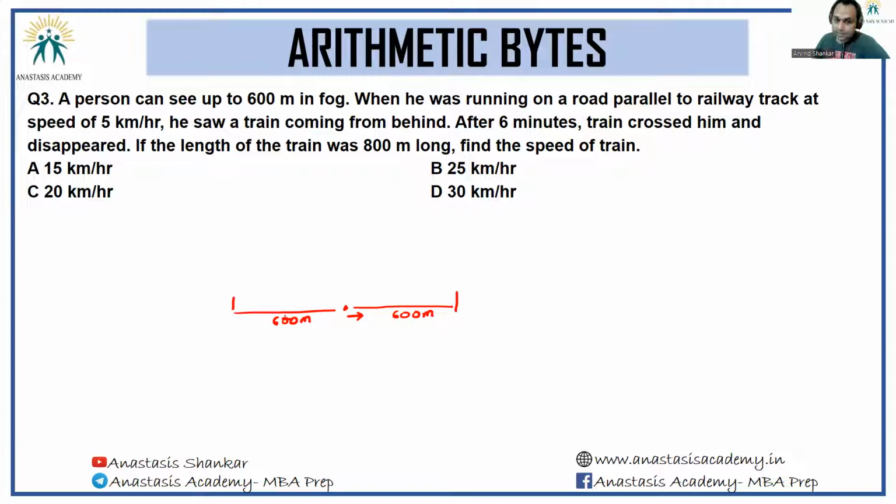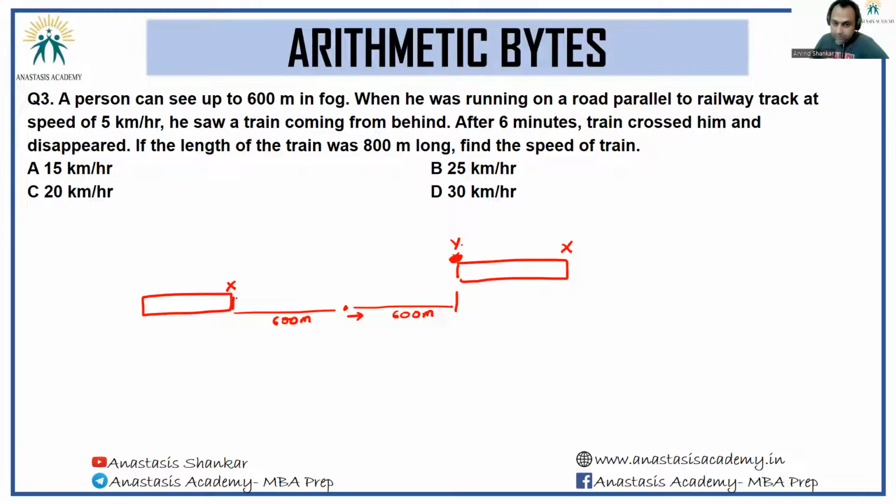So effectively, his vision range is 1200 meters. And the train that is coming in, his sighting will start when the front of the train he sees here, and his sighting will end when the back of the train ends up reaching here. Back of the train is here, or let me not name it X, let me name it Y, and this remains X.